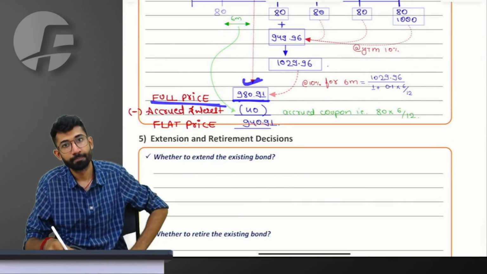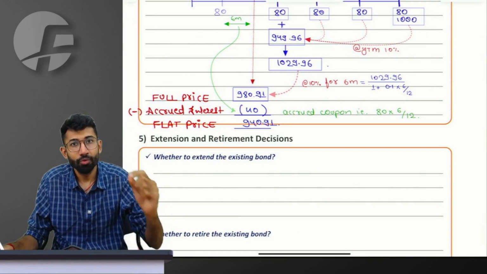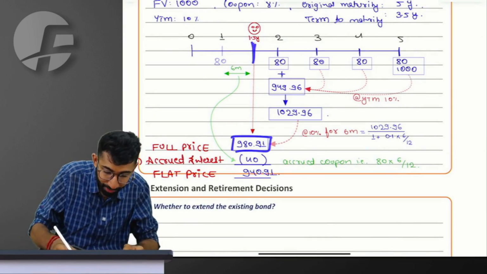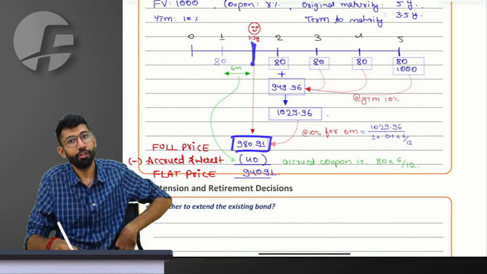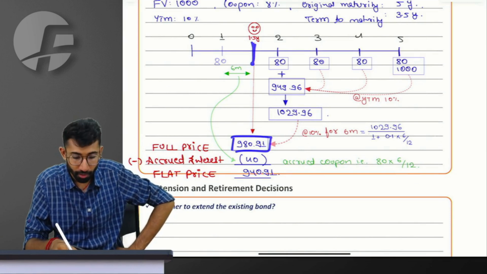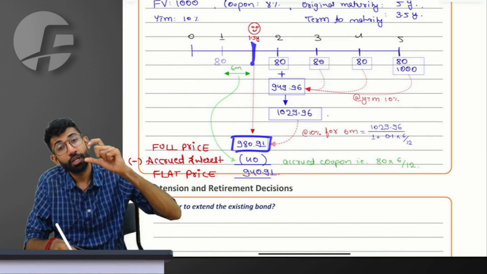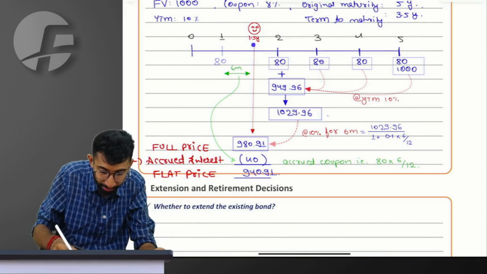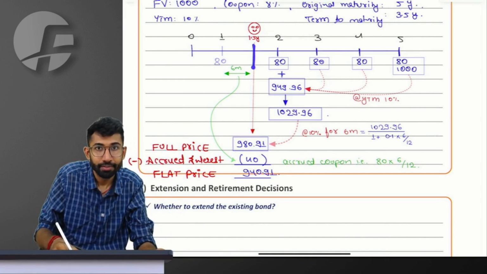However, let us figure out that if you pay this price of 980.91 in the market to buy this bond at the end of 1.5 years, let us try to figure out the components of this price that you're paying.